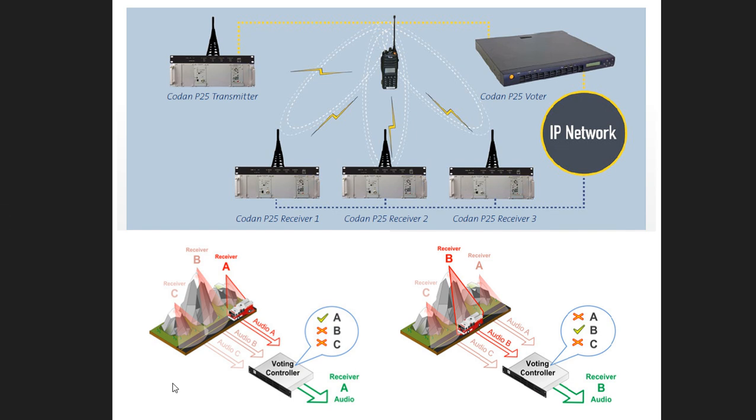And to start off with, I want to look at this drawing here and just give you a brief overview. If you've never done voting receivers, it's basically just a way of taking multiple receivers that are all on the same frequency and tone, digital or analog.